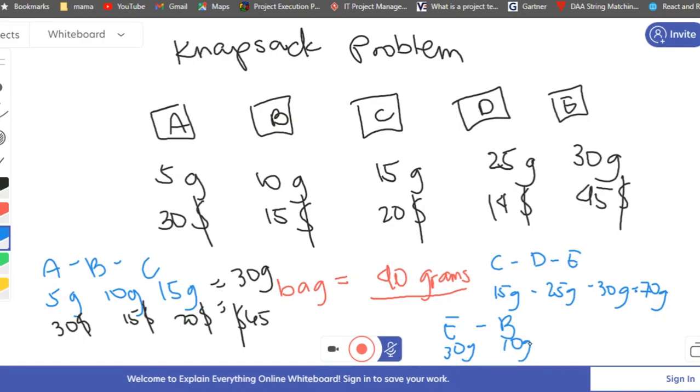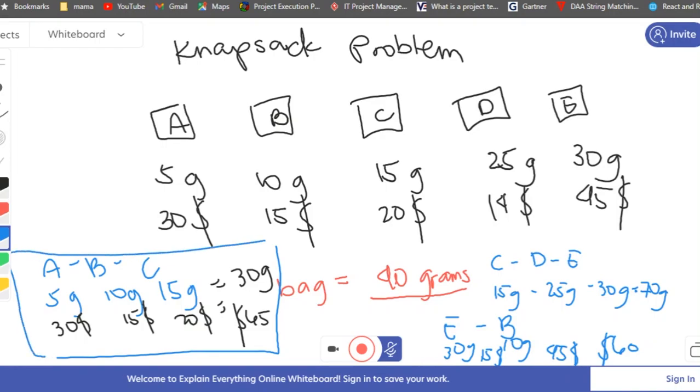So, $15 plus $45, for 15 plus 45, then $60. Kaso, mas malaki pa din ang makukuha mo dito. So, this is the solution to the knapsack problem using the exhaustive search.